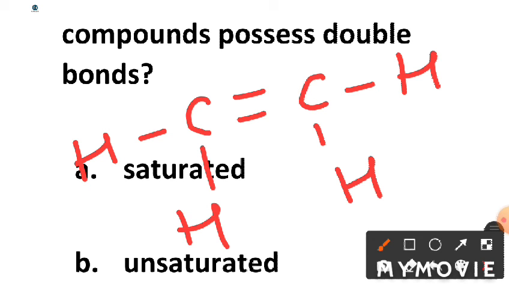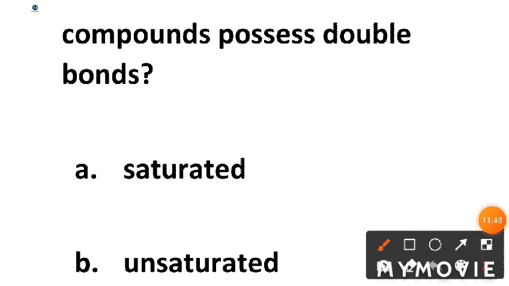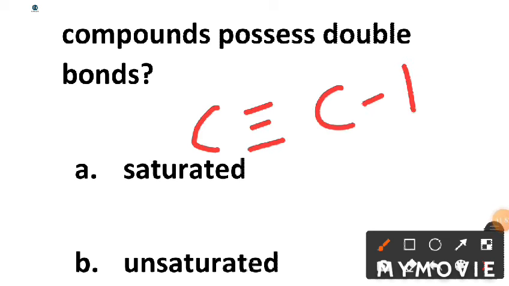It is an example of alkene, an unsaturated compound. So here a double bond occurs, and in alkyne it is found a triple bond.